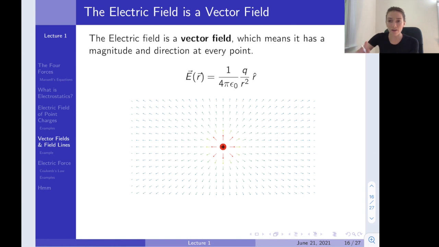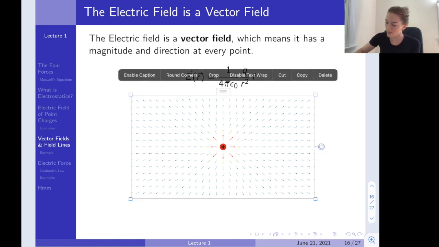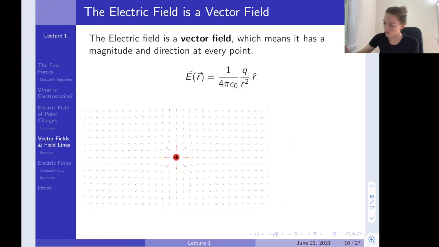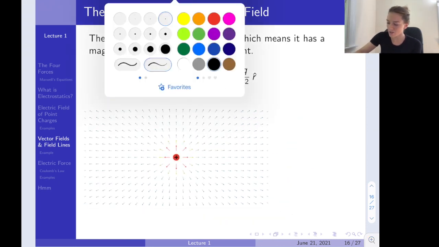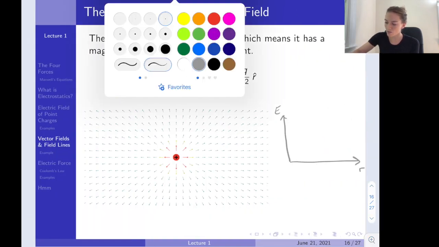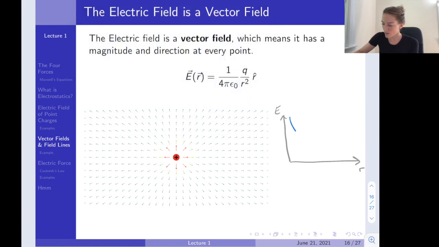So that's very important, and that means that our electric field, let's draw that here, if we were to plot it, falls off very rapidly. So let's say this is r, and this is the value of the electric field. So that means that as we move away from the origin, the electric field has an asymptote near this axis, and it goes to 0 at infinity.